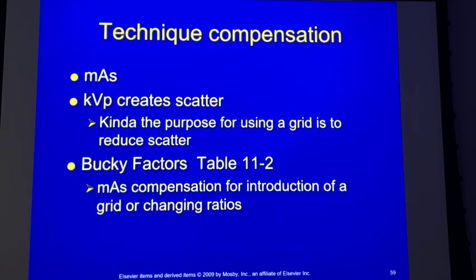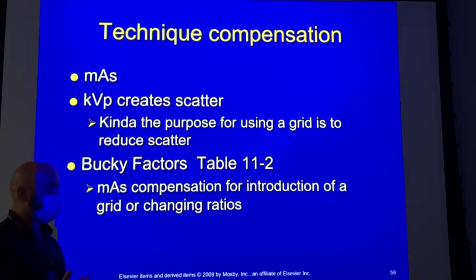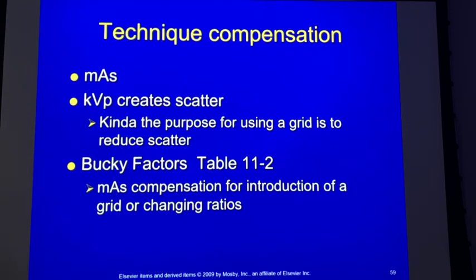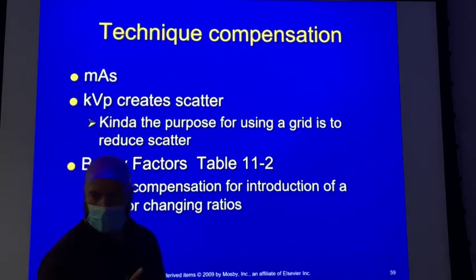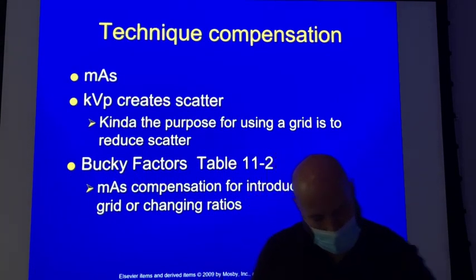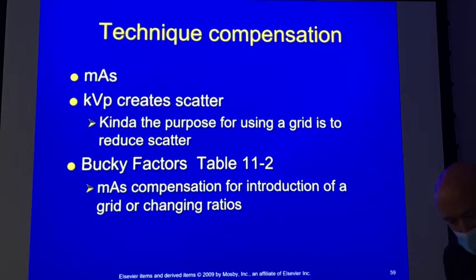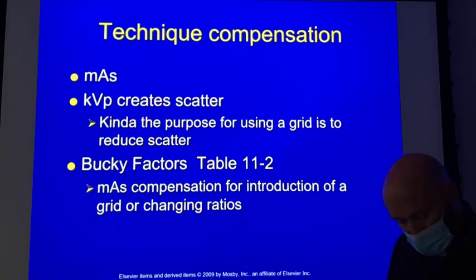Okay, so technique compensation is always going to be mass. kVp creates scatter radiation. We want to clean up scatter radiation, so it's counterproductive to increase kVp. As a matter of fact, I think it's table 11-2 in your book. Notice you've got the grid ratio: no grid, 5-to-1, 8-to-1, 12-to-1, 16-to-1.